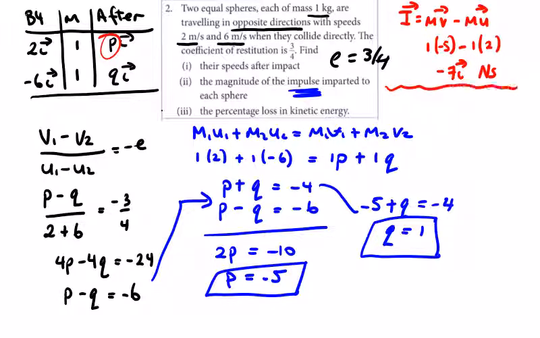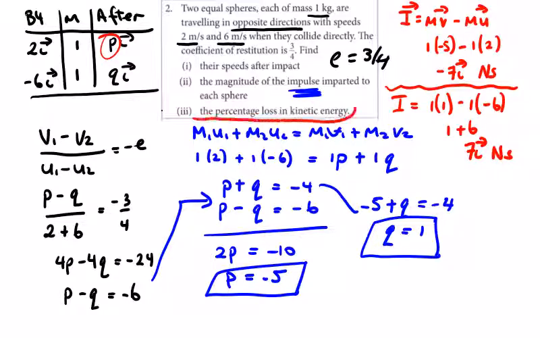Newton seconds, and for the other one it should be plus 7 if we've done it correctly. The impulse is going to be 1 times minus 6, that's the initial. 1 times 1 for Q. Then we have minus 1 times minus 6 to get 1 plus 6, which is the opposite. 7i and minus 7i for the two impulses.